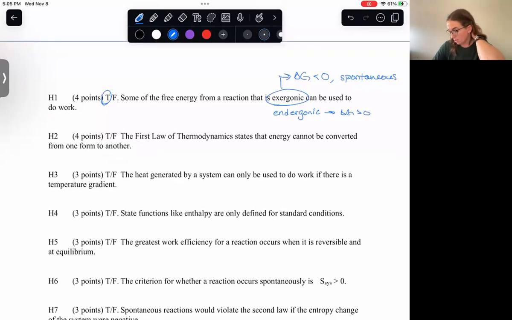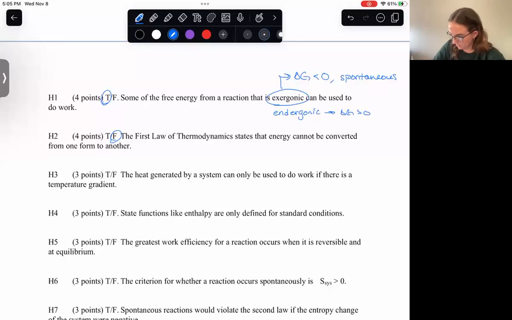Question 2. The first law of thermodynamics states that the energy cannot be converted from one form to another. Is that true or false? Why is it false? I agree, but why is it false? Someone tell me why it's false.